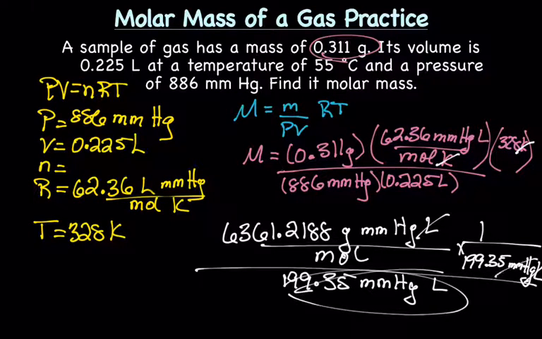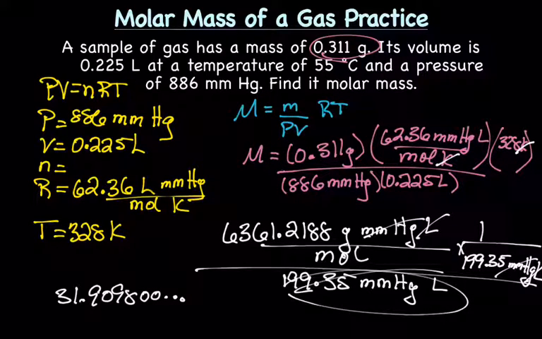Our millimeters of mercury cross out. And if we multiply and divide the rest, we end up with 31.909800, etc.